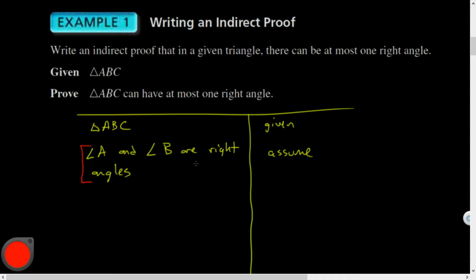I believe this is false, but let's pretend it's true for a minute. So I've got triangle ABC. Let's pretend two of its angles are right angles. I know that then these measures are going to be equal, and they're going to equal 90 degrees, by definition of right angle.